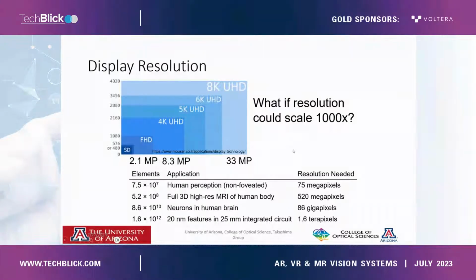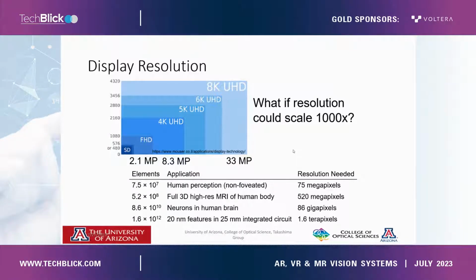That's suddenly beyond 8K UHD pixel counts. If we want to scan the entire body by MRI, that requires 520 megapixels. And if we want to image the neurons of the human brain, that requires 86 gigapixels.